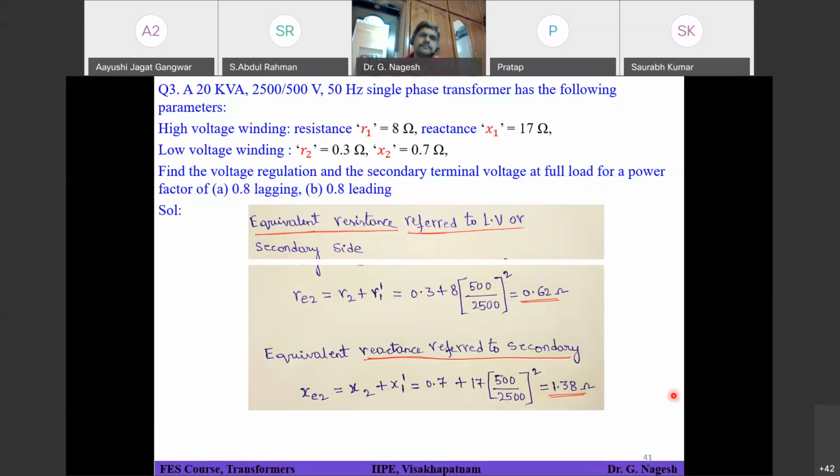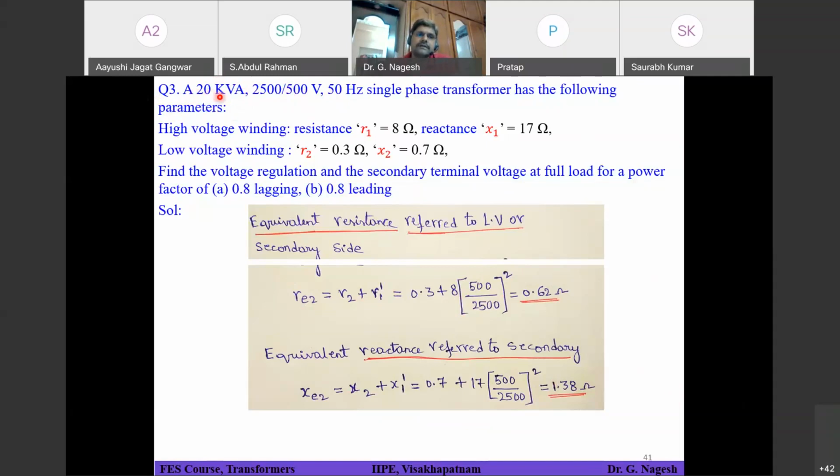So what will be I2? How can you find out I2? We have already seen how to calculate I2: the secondary rated current. From the nameplate details, 20 kVA is already given to you, and the secondary rated voltage is also mentioned, which is 500 volts.